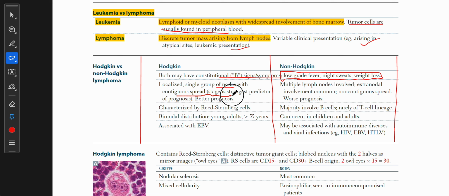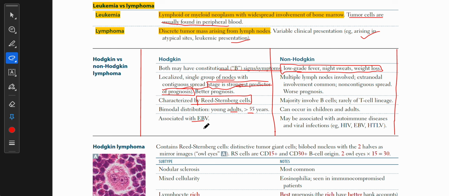Stage is the strongest predictor for prognosis, and it has a better prognosis. It is characterized by Reed-Sternberg cells. This is the signature feature of Hodgkin lymphoma. There is a bimodal distribution, young adults and age greater than 55 years, and it is associated with Epstein-Barr virus.